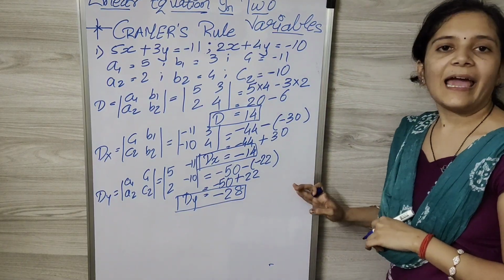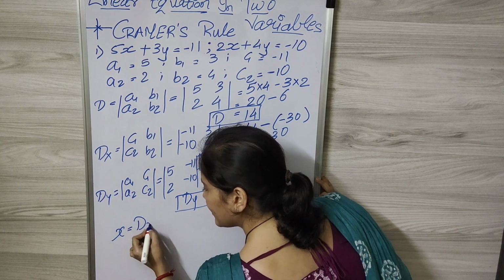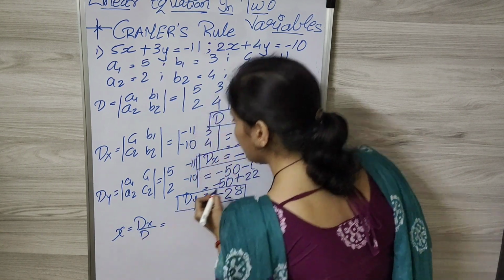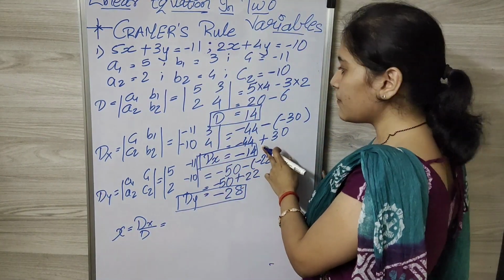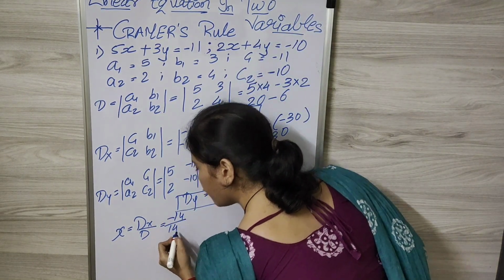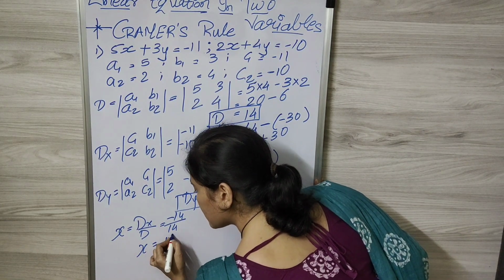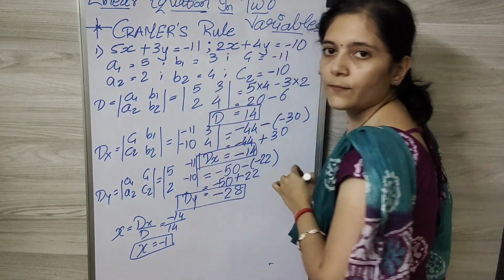Now next is x and y. For x, that is dx by d. dx is minus 14 and d is 14. So minus 14 by 14. So x is equals to minus 1.